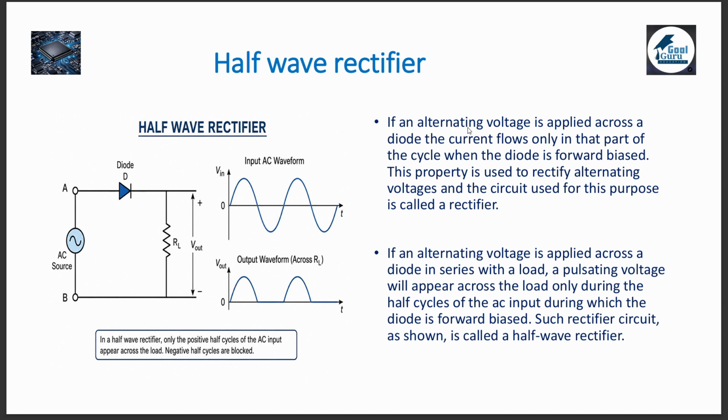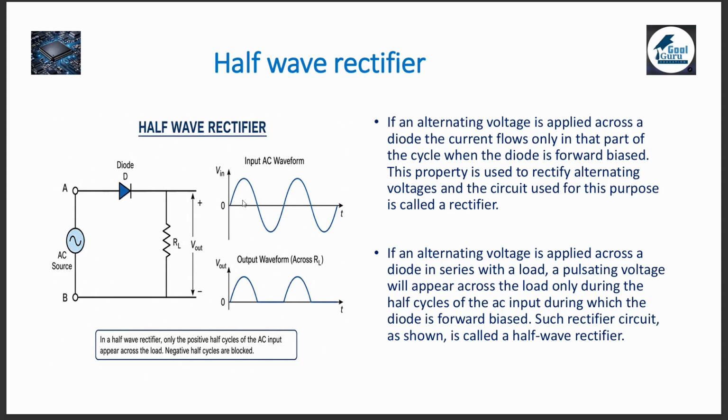So now what happens when the alternating voltage is applied across the diode? Current flows only in that part of the cycle when the diode is forward biased. As we have seen in the last two slides, what is the necessary condition for the current to flow? The diode has to be in the forward bias condition. So in the AC input you can see there are two cycles, positive and the negative.